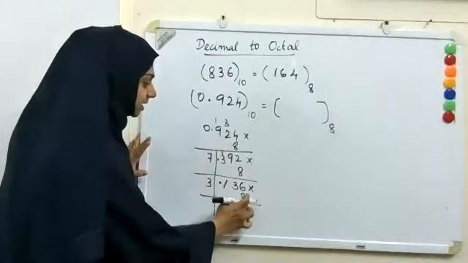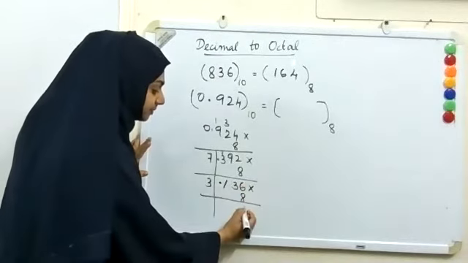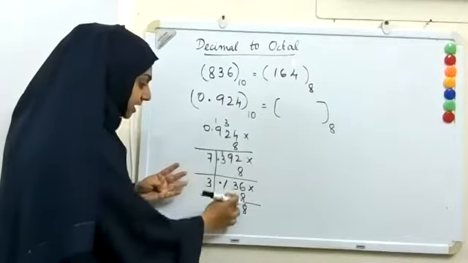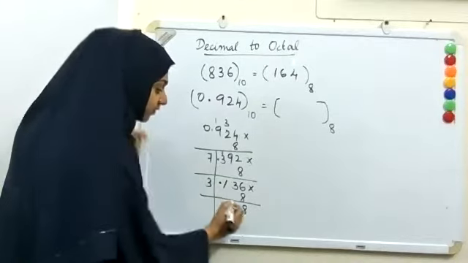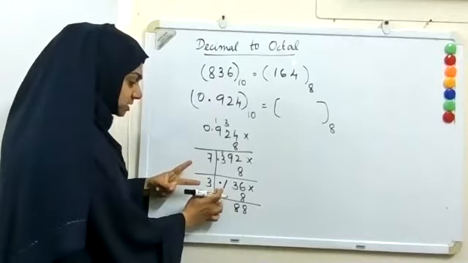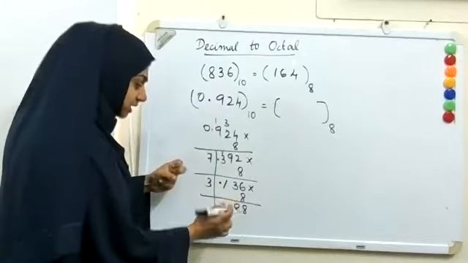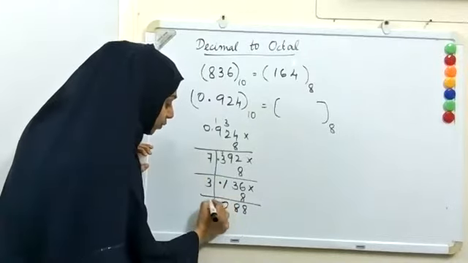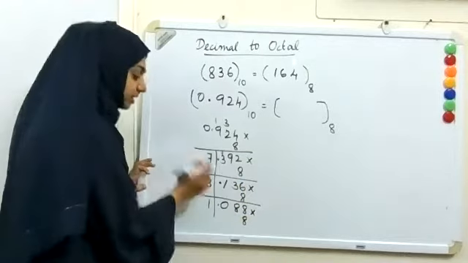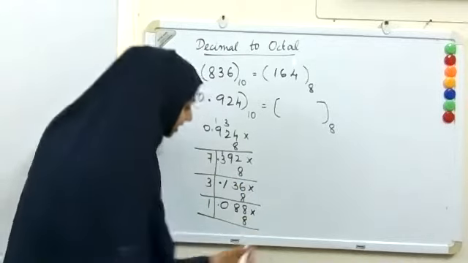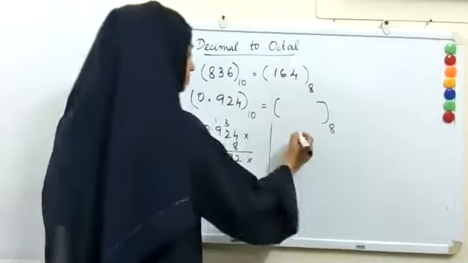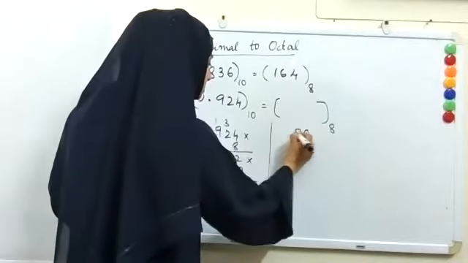So I'm multiplying here again. 8 6s are 48, so 4 balance. 8 3s are 24 plus 4, 28, so 2 balance. 8 1s are 8 plus 2, 10. So 0, 1 here. Again, if you multiply, now we got 3 digits, right? So we can again multiply here. Let me write it here. So we have 8, 8, 0.